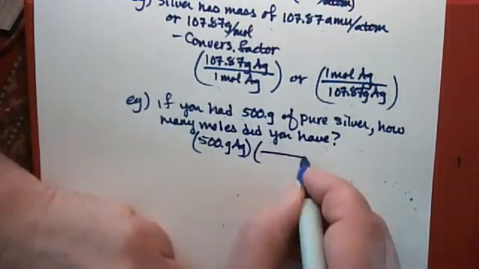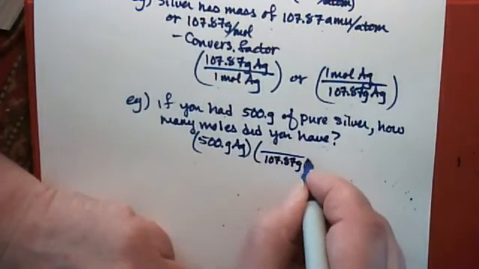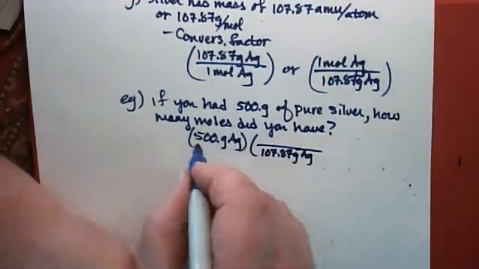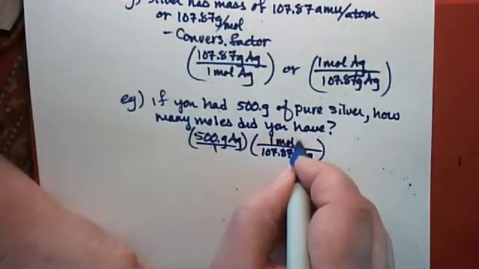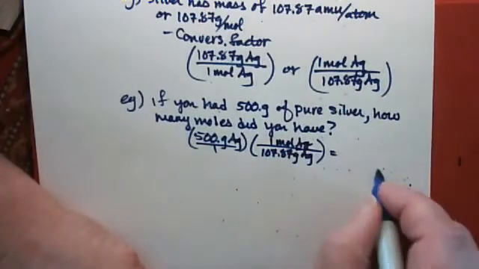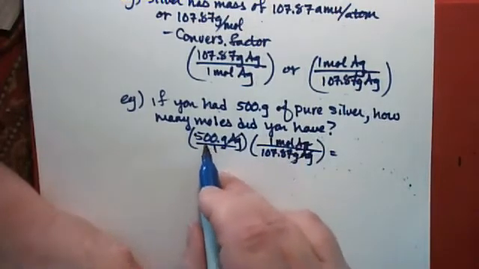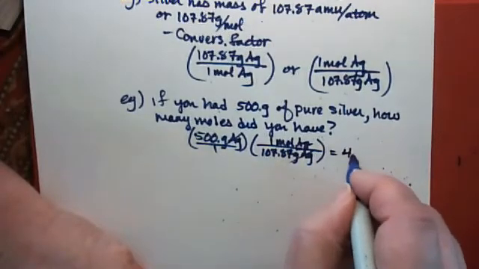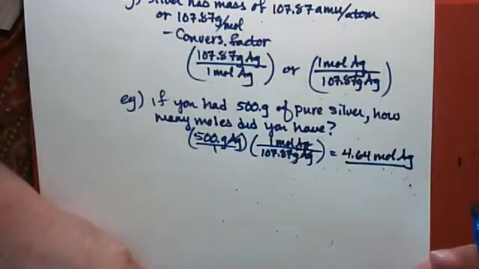This one is going to be the one that has grams of silver on the bottom, because you want grams of silver to cancel. And this is equivalent to being in the numerator. And that's 1 mole. You want moles of silver on top of the conversion factor because those are the units you want to end up with. Grams of silver will cancel out. And mathematically, all you have to do is take 500 divided by 107.87. That would be 4.64 moles of silver.